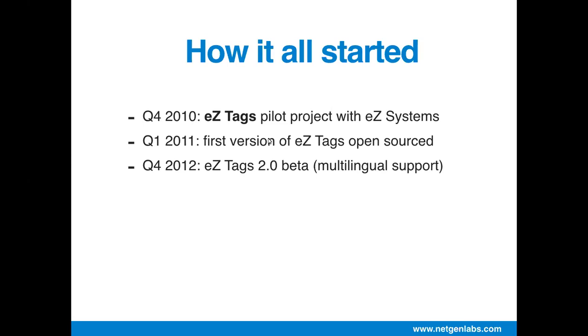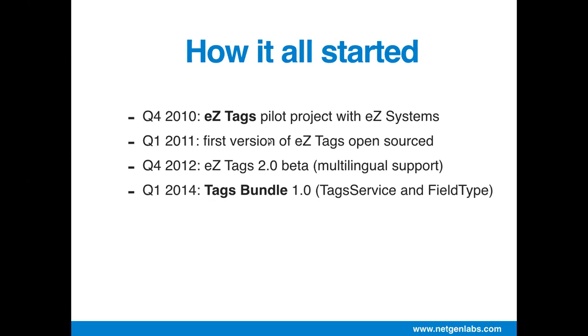But then it stayed in beta quite a while, because back then there was already the eZ Publish 5 initiative, the new API was being built, and Symfony was being introduced. So we stopped working on it for a while just to see what was going to happen. Then in 2014 we introduced Tags Bundle version 1.